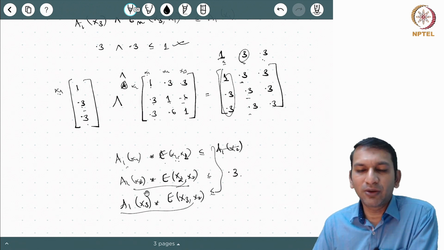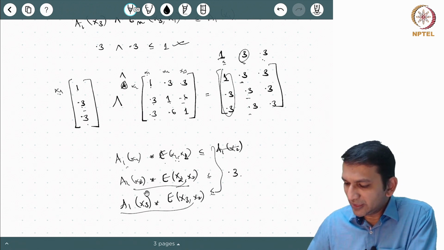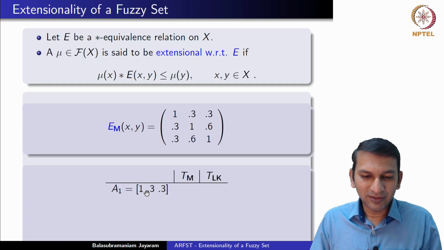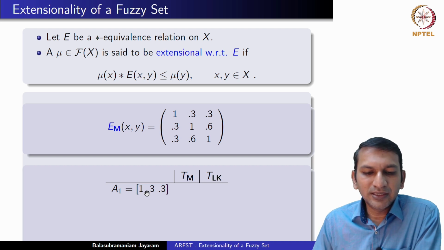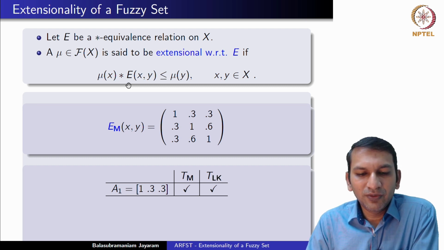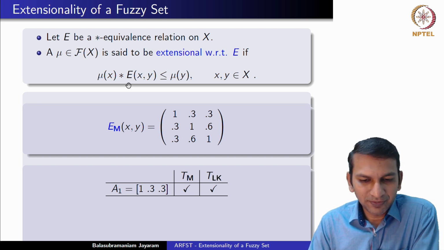That means it's bigger than all the elements in the column, which means this set is in fact extensional. So given A1, this is extensional with respect to min, EM and min. That means it is also going to be extensional with respect to the Lukasiewicz. It can be checked.